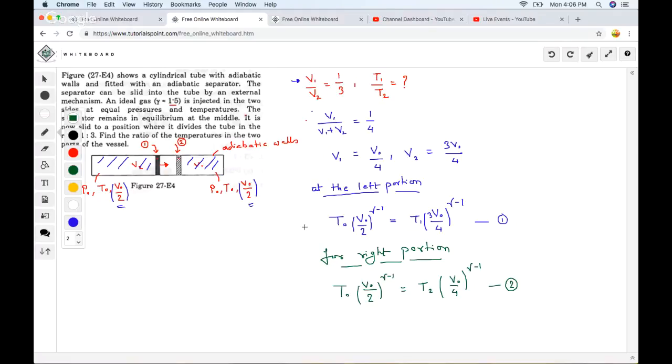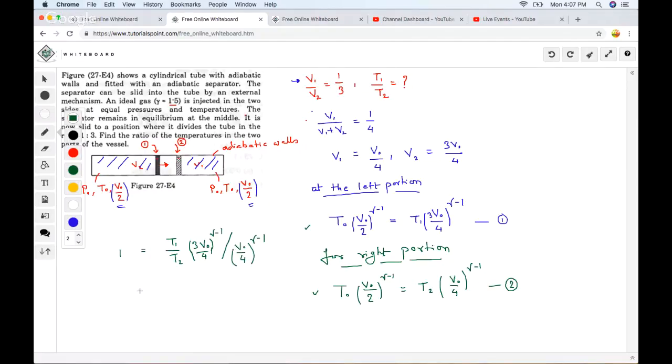Fine. If I divide the first equation by the second, left hand side and right hand side, I get 1 is equal to T1 by T2 into (3V naught by 4) to the power gamma minus 1 divided by (V naught by 4) to the power gamma minus 1.